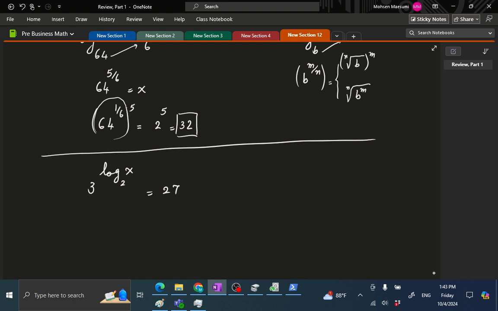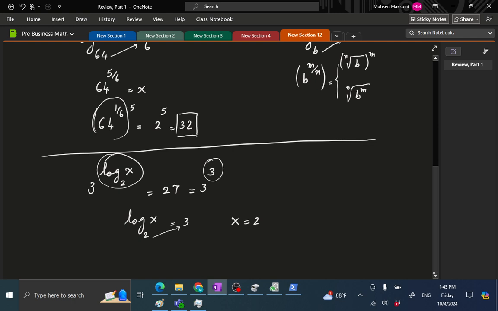So first step is to write both sides in the same base. So instead of 27, I think about 3 cubed. So this exponent should match this exponent, and so logarithm of x in base 2 has to be 3. And just like the problem we did, 2 to the power of 3 is going to be x.